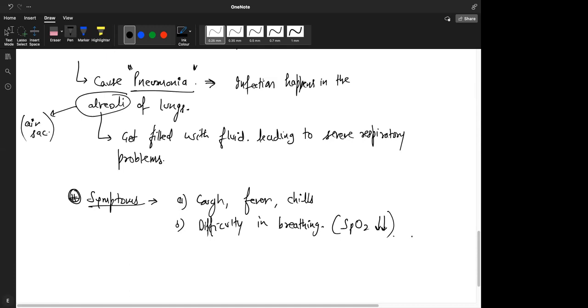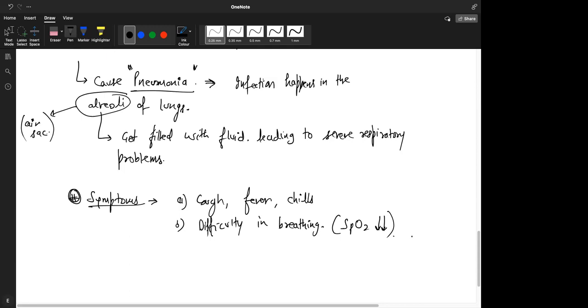If it goes below 60%, it's very, very harmful. It can cause, because which organ requires the most oxygen in our body? Any idea? Which organ of your body utilizes the most oxygen? Brain.